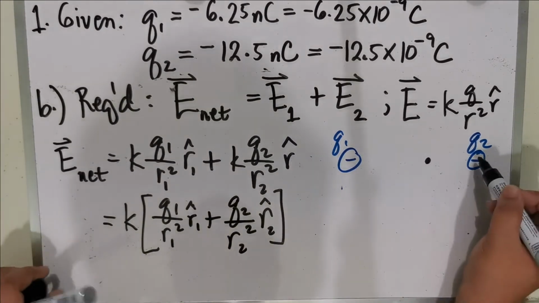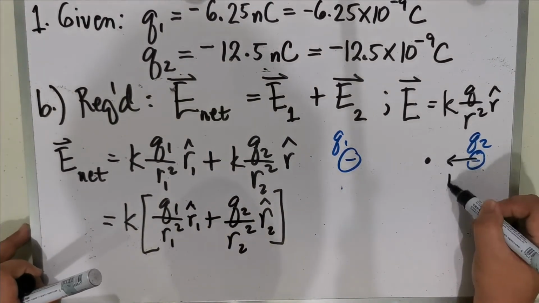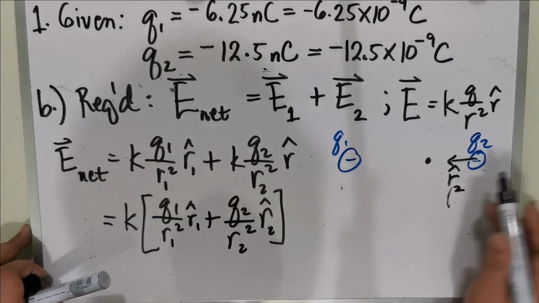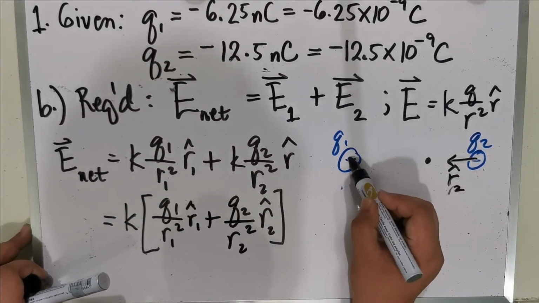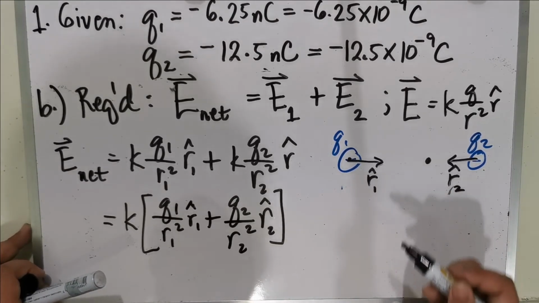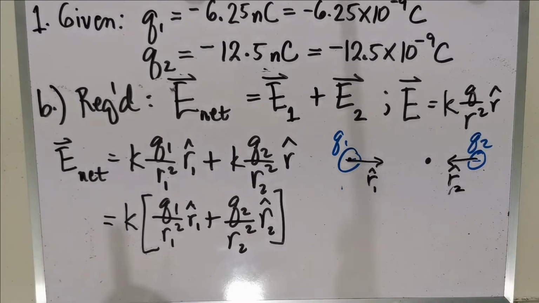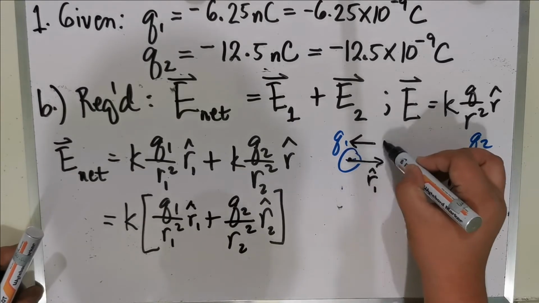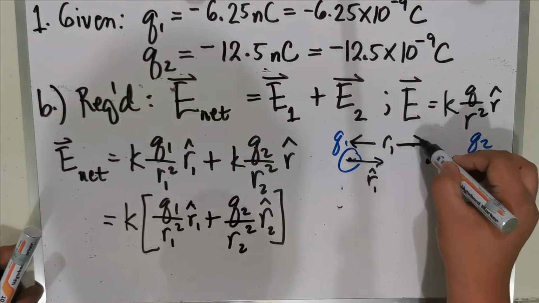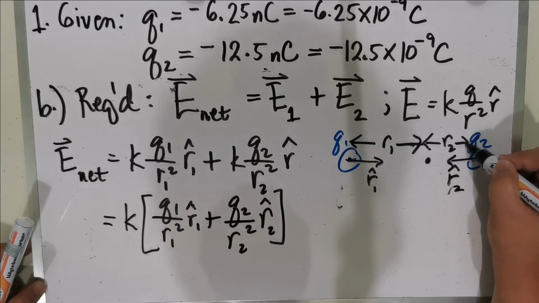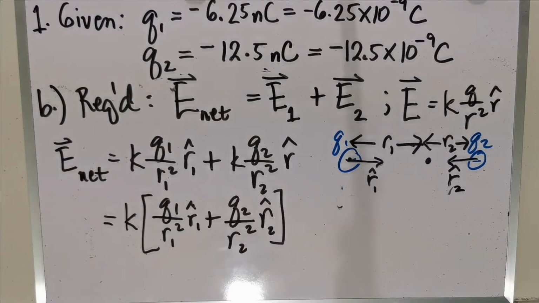So this one would be our R1 hat, this is our R2 hat, and then from here going to this point is our R1 hat. So the unit vectors for R1 and for R2. And take note that this distance is your R1, which, as I've said, is 15. And this one here is your R2, which is 10 centimeters.